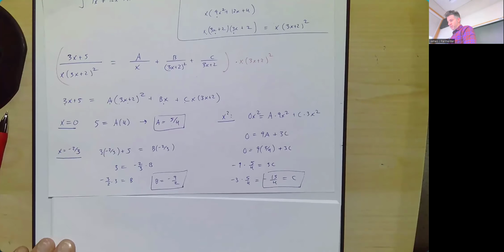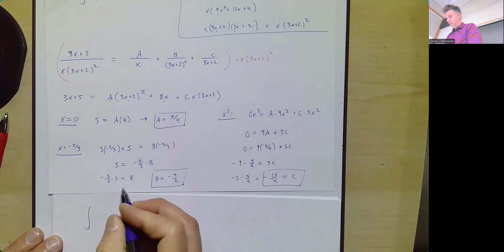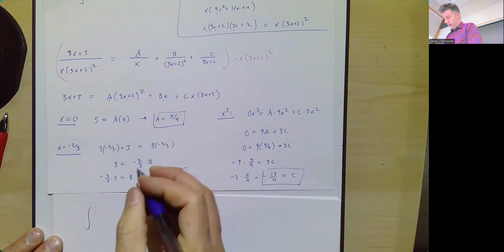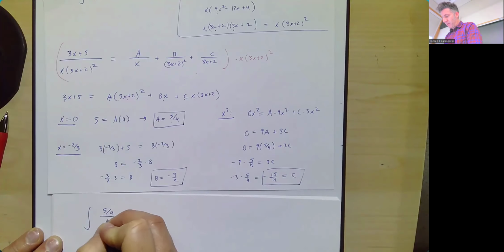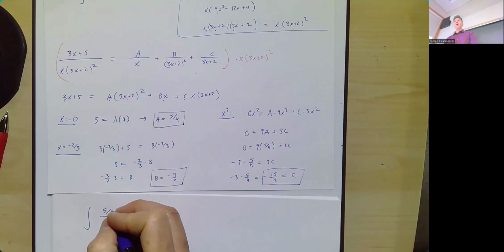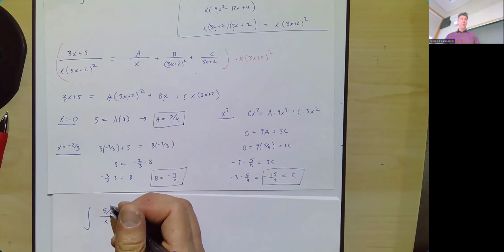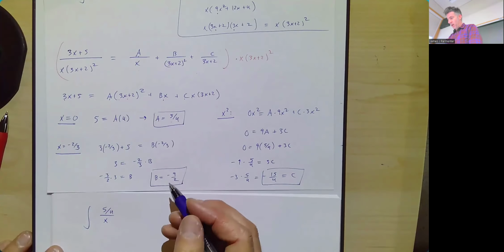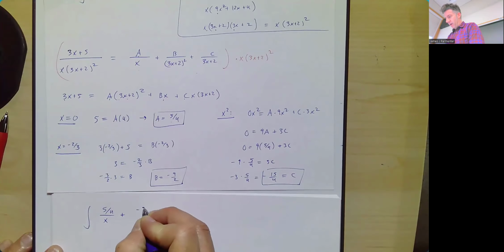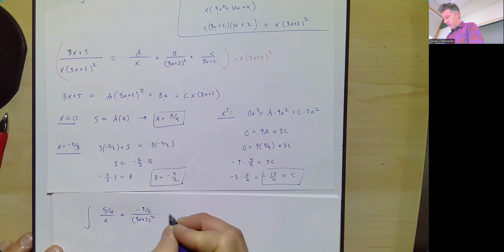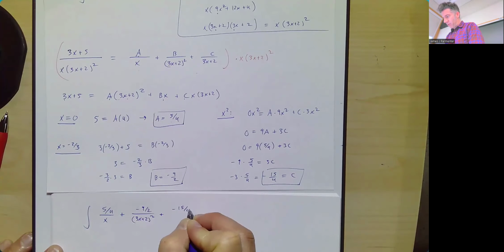It's going to be the integral of a over x, so 5/4 over x. That constant there, although I do need to know it to get the right answer, is really kind of inconsequential as far as the integral goes. Similarly, I'm going to have a negative 9/2 over 3x plus 2 squared and a negative 15/4 over 3x plus 2.